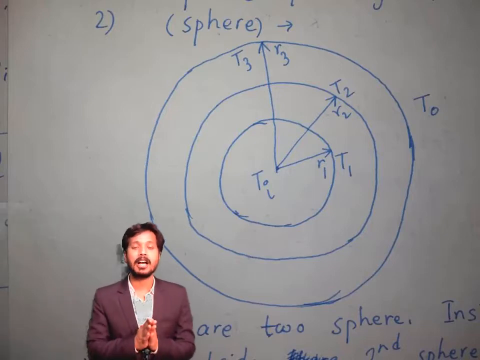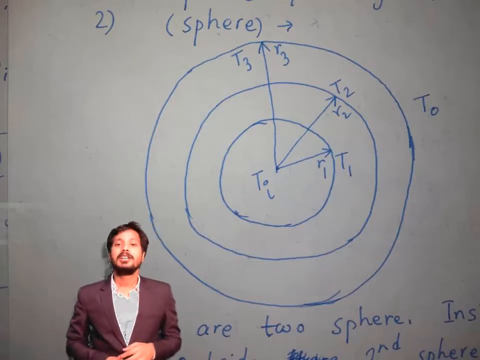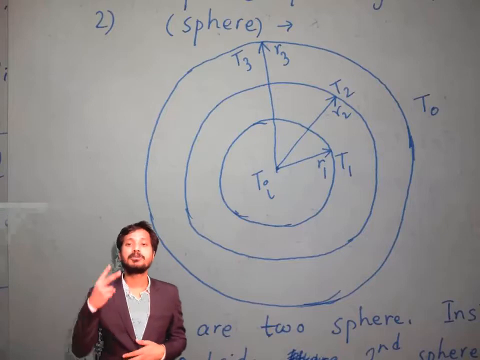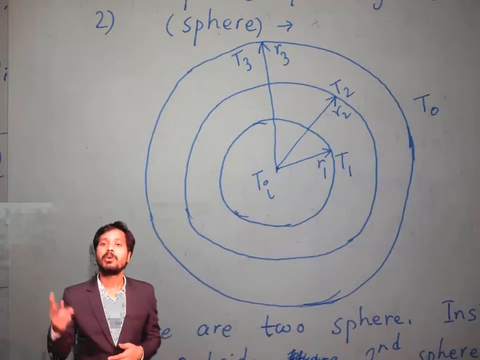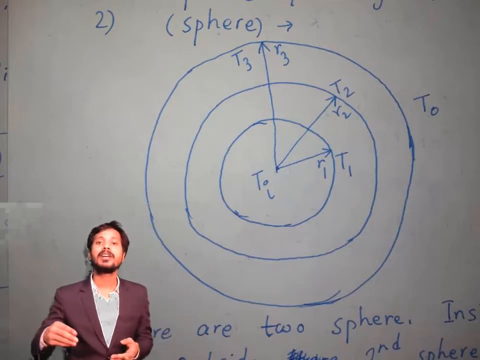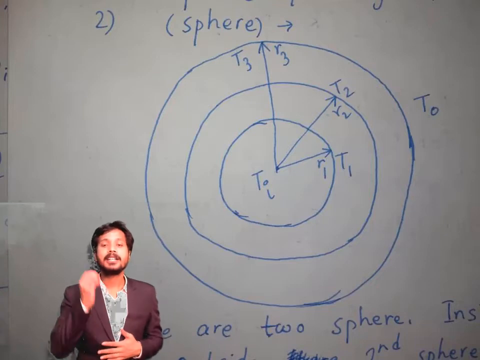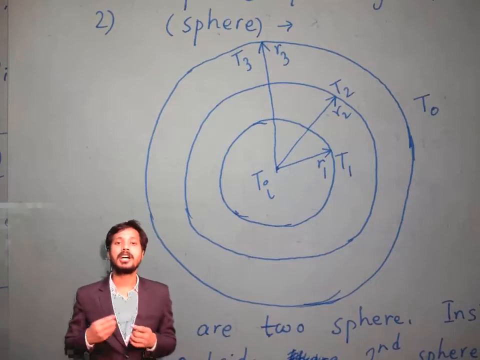In the picture, inside the first sphere air is present, then you have two spheres. One has inner radius R1 and outer radius R2. Along with it, the second sphere has inner radius R2 and outer radius R3.